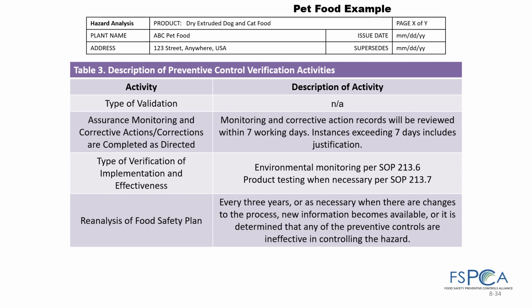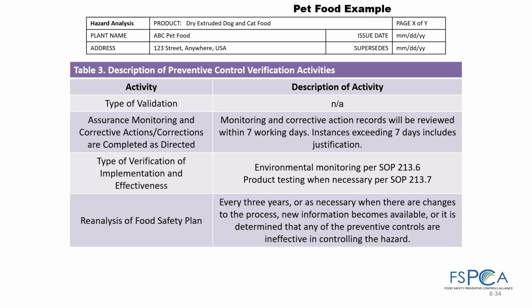Most of the people that I've had come through my classes and have this conversation with feel most comfortable at least putting something like that in this box of validation. Remember, the whole point of validation is justifying that your design is appropriate. So even if it's not required, making a couple statements in there about why you designed your preventive control the way you did is probably going to be a pretty good business practice.